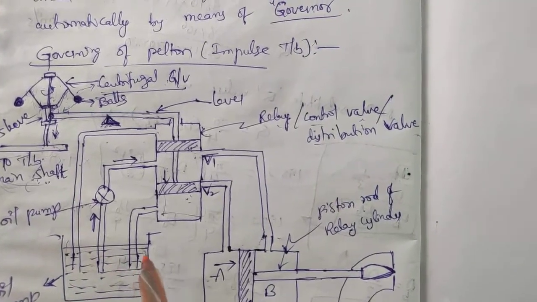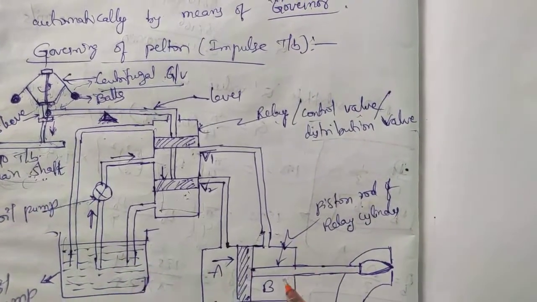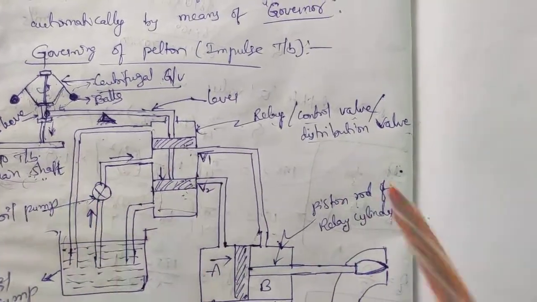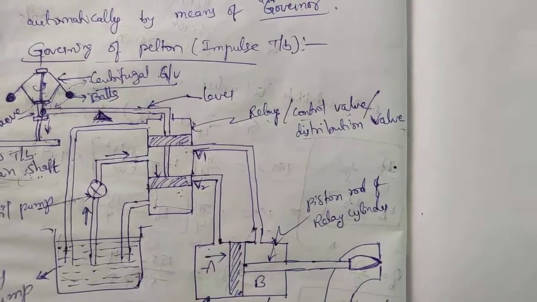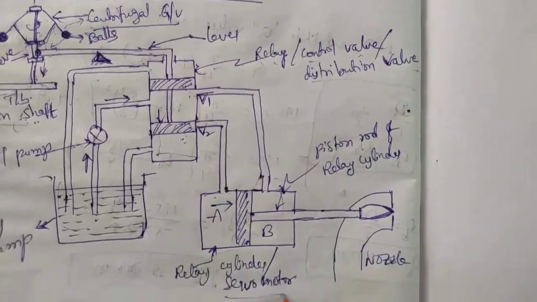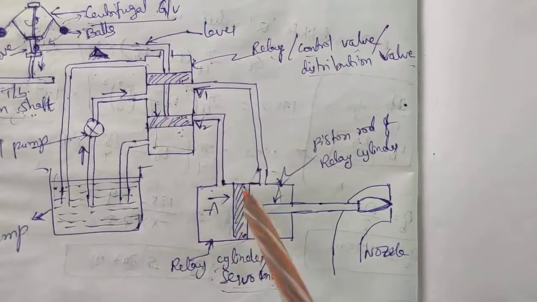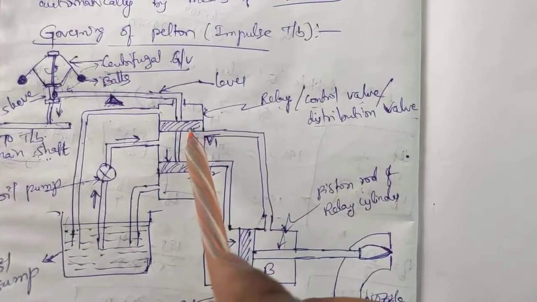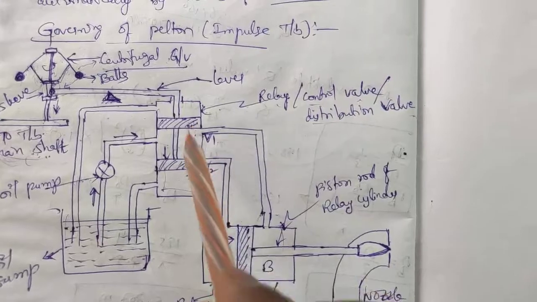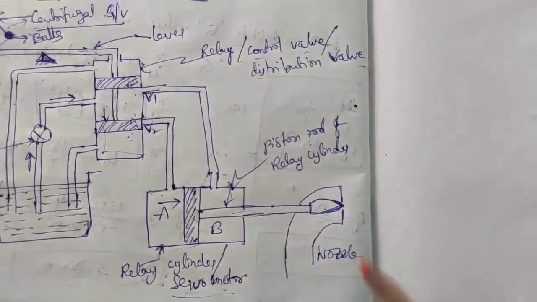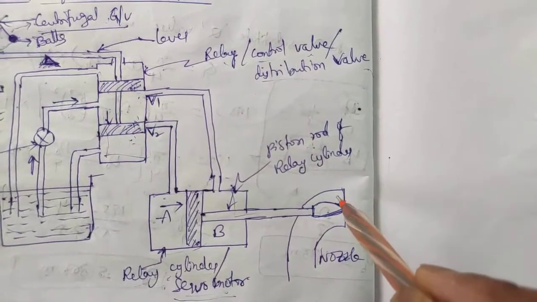By using hydraulic energy, we give mechanical motion. This is the oil pump. This cylinder is the relay cylinder or servo motor, in which there is only one piston. In the relay valve there are two pistons. And this is the spear, as you know. This spear is used in the Pelton wheel.